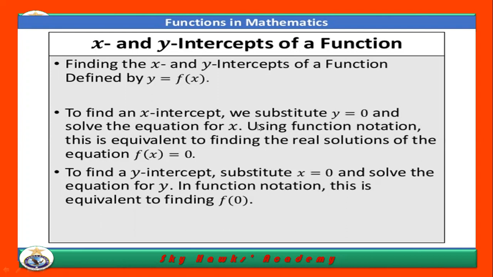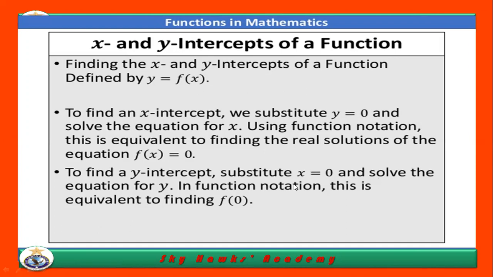The x-intercept is the distance from the origin to the point on the x-axis, either on the left or the right, according to the values. Similarly, if you are looking for the y-intercept of any function, put x equal to 0 and solve the equation for y.